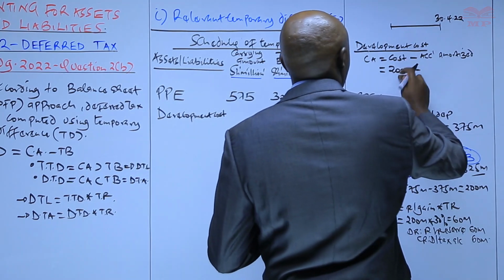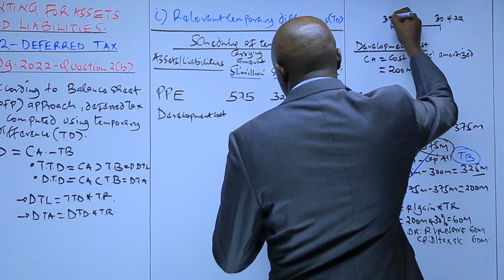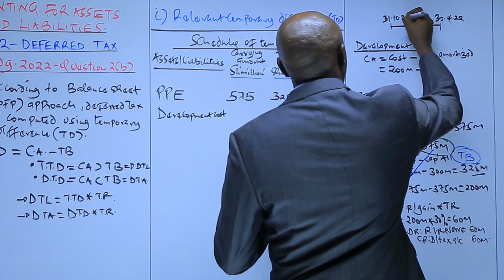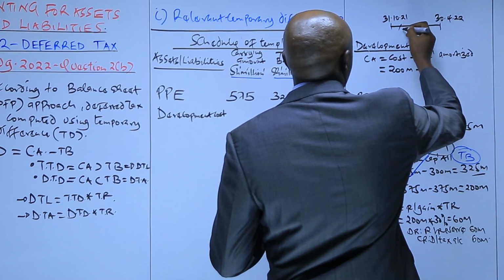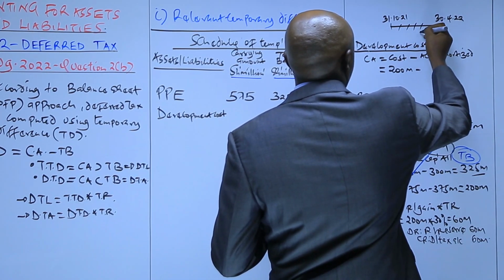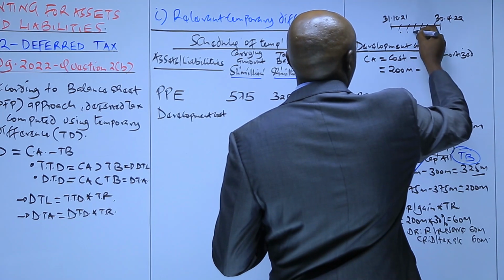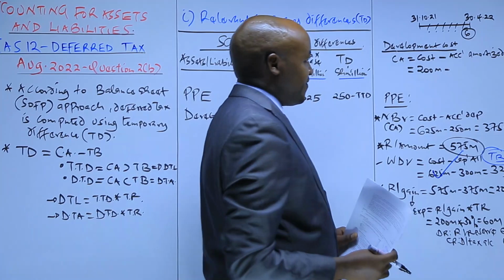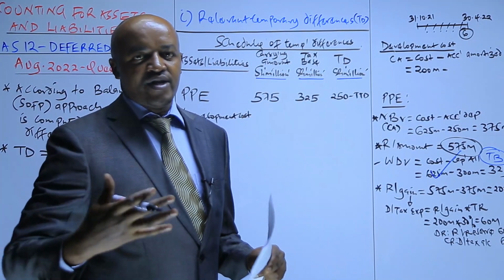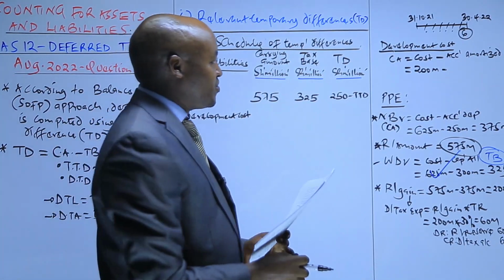So how many months do we have here? We have November, December, January, February, March, April: 1, 2, 3, 4, 5, 6. So we have 6 months, or basically this development cost was capitalized 6 months to the end of the year.